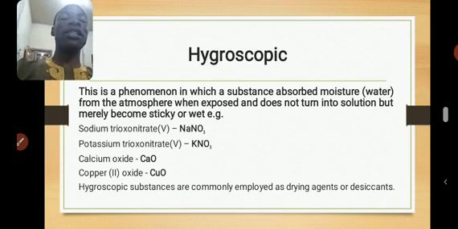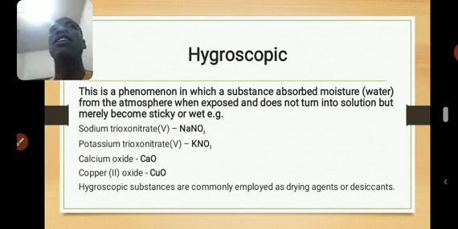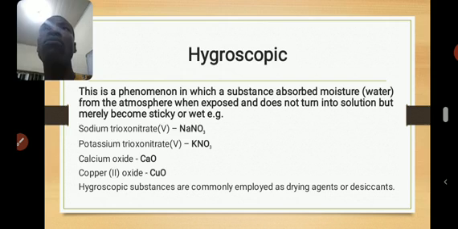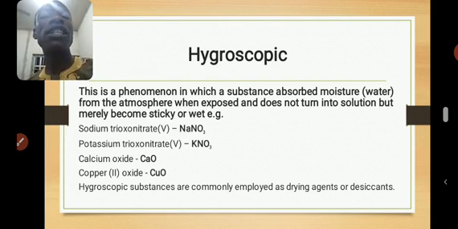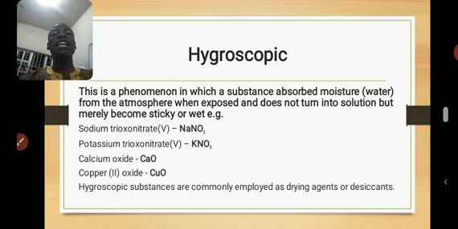So it's very, very hygroscopic. Take note of that. Now, don't forget efflorescent salts: you expose them to the atmosphere and they lose their water of crystallization to the atmosphere. That's efflorescence. But hygroscopic substances, you expose them to the atmosphere and they absorb water from it.